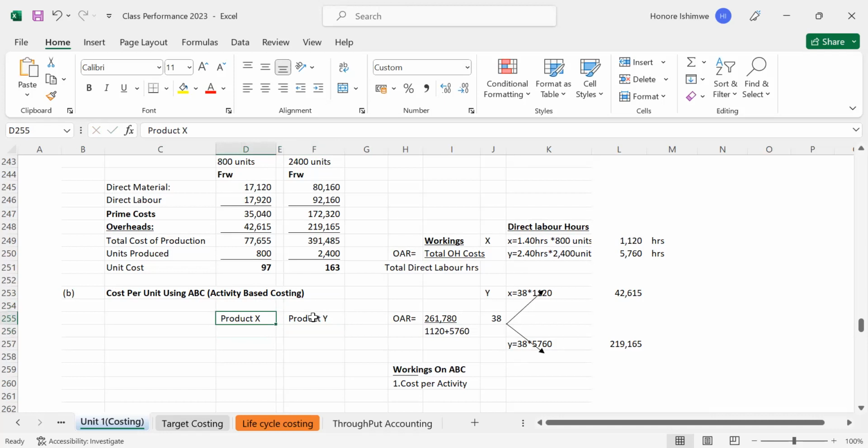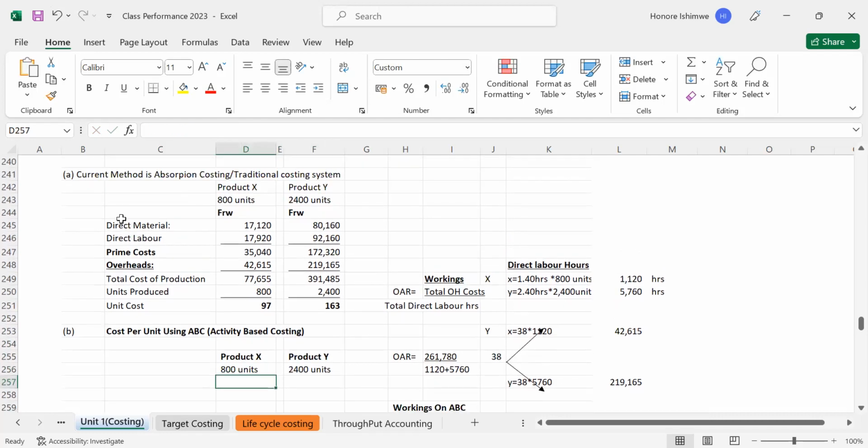So as per the question, how do we go through this? How many units are we producing? We are producing 800 units here, and here we are producing 4,000 units. So this direct labor, this direct cost will not change.